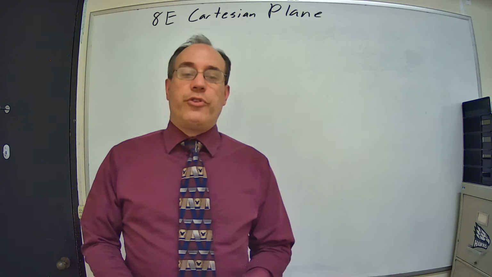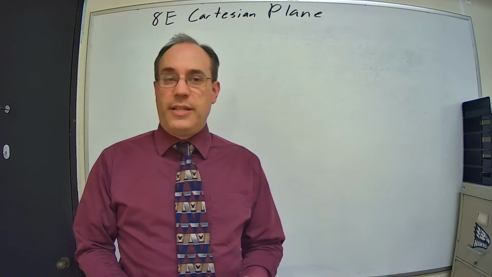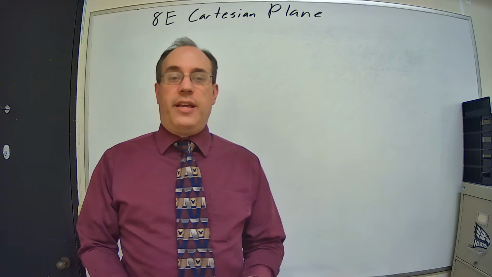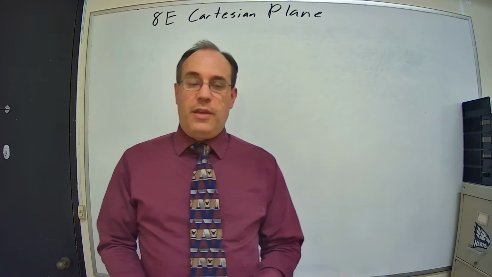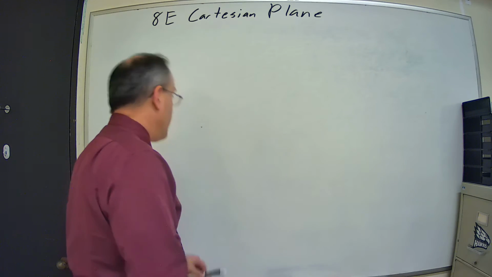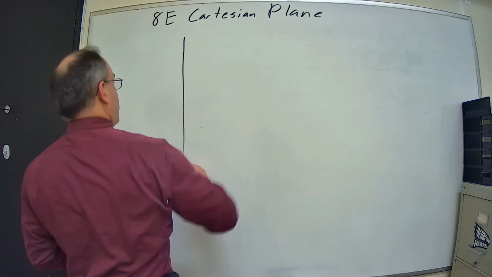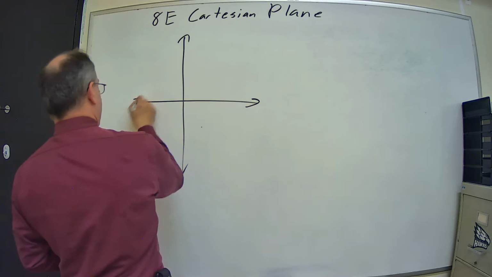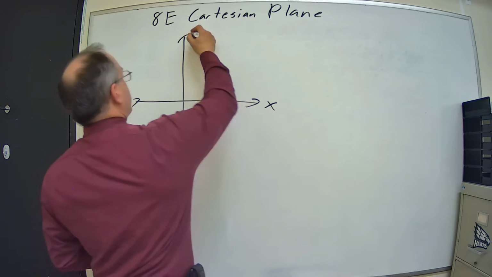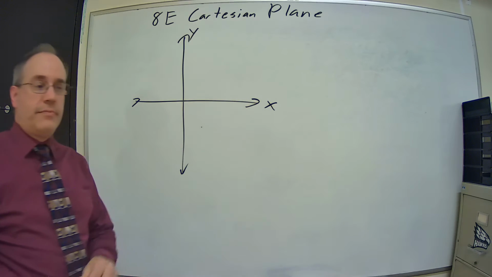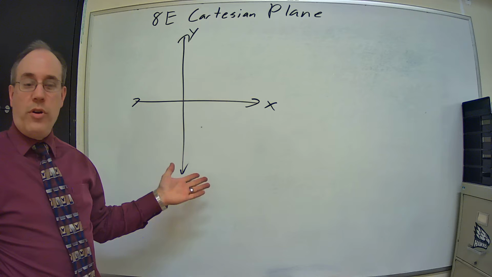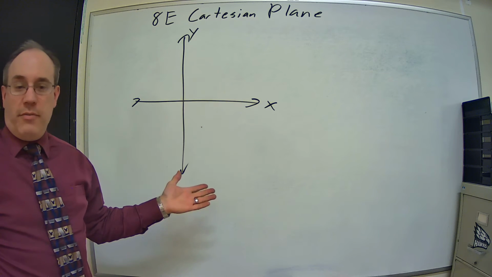Sometimes it's referred to as rectangular coordinates. Sometimes it's referred to as a coordinate plane. Okay, but basically, it's just this. That's a Cartesian plane, rectangular coordinates, coordinate plane.